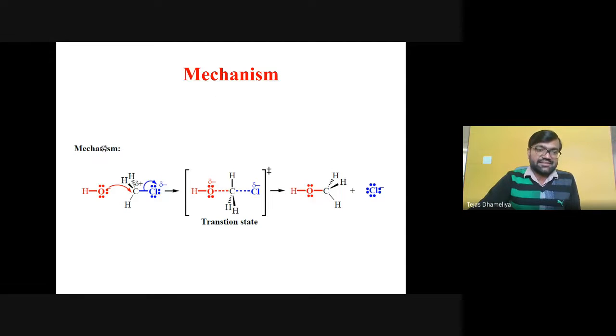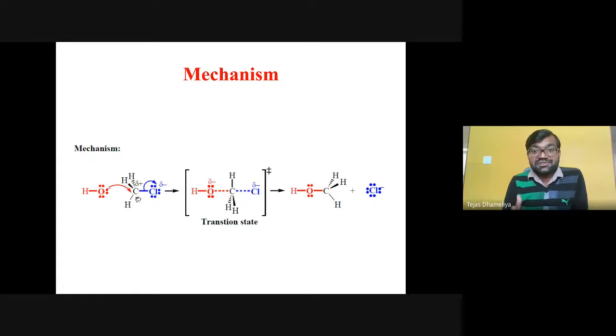In this mechanism, a negatively charged hydroxide ion is the reactive species which promotes the reaction. Hydroxide ion initiates the reaction. It initiates in such a way that it attacks the positively charged carbon.